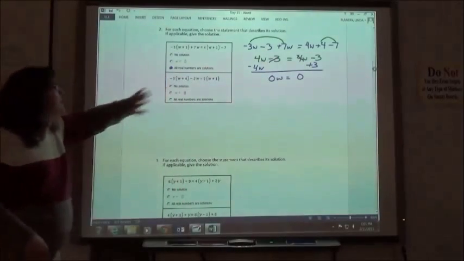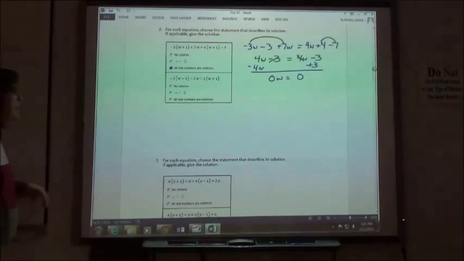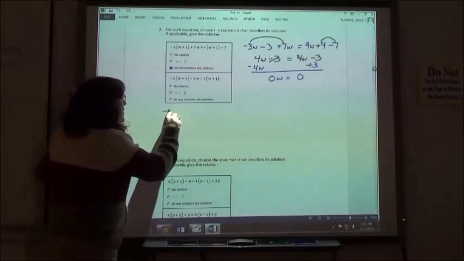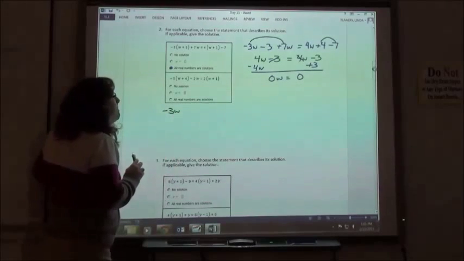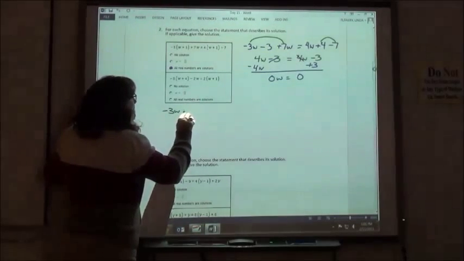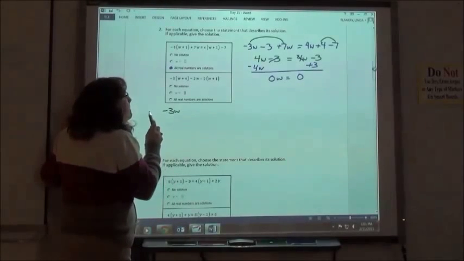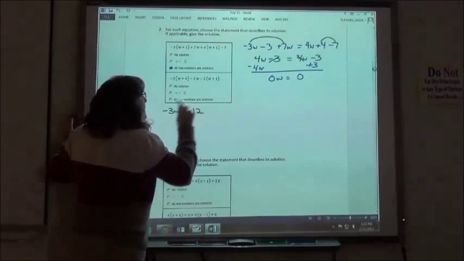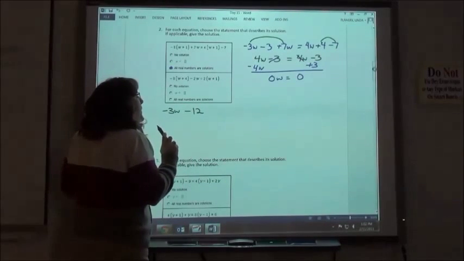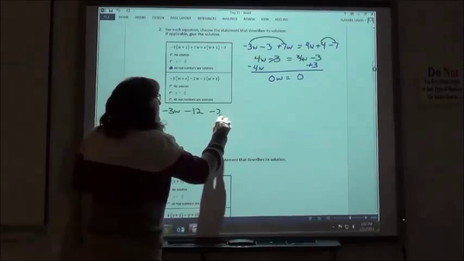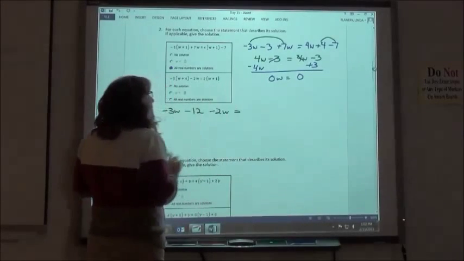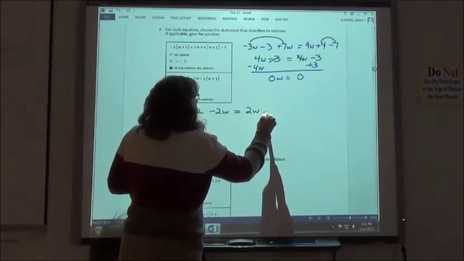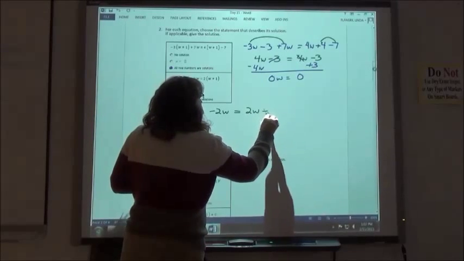All right, let's try the second one on number 2. Negative 3W plus, well, that would be a negative, negative 12, minus 2W equals 2W plus 2.